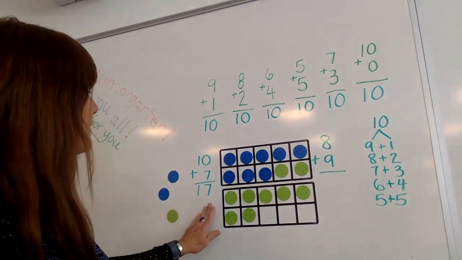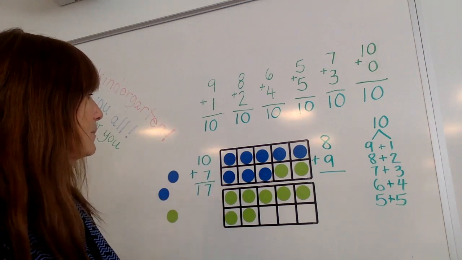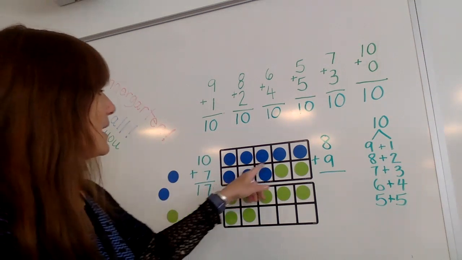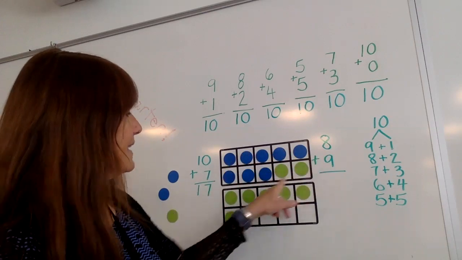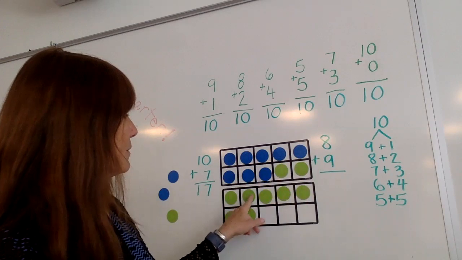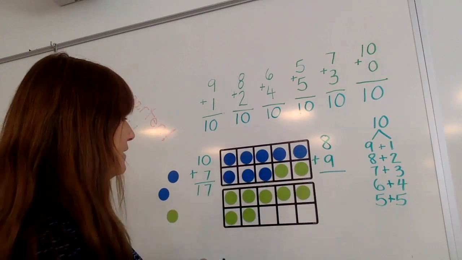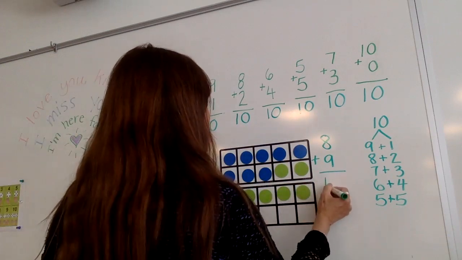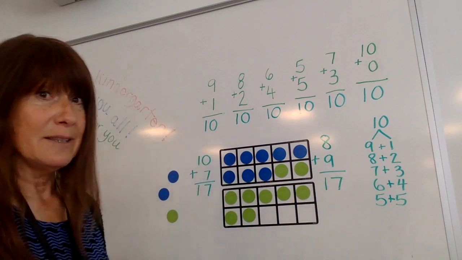You just move whatever's in the ones place over the 0, and it becomes your new teen number. So we started with 8, and we added 9. 1, 2, 3, 4, 5, 6, 7, 8, 9. How many do we have all together? 17.